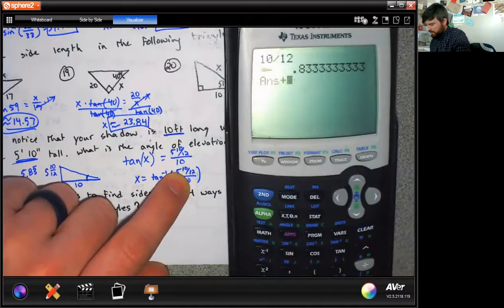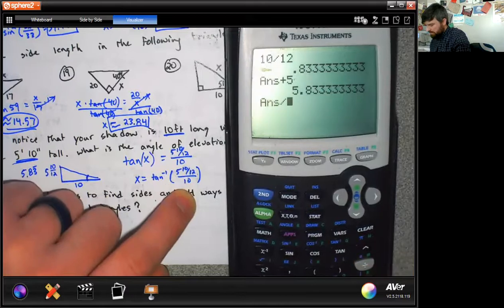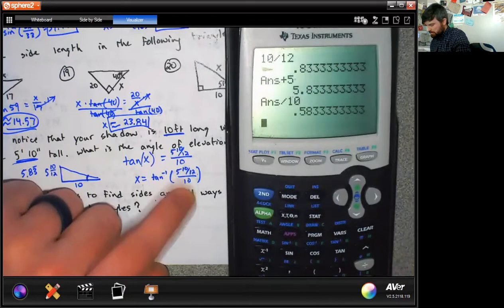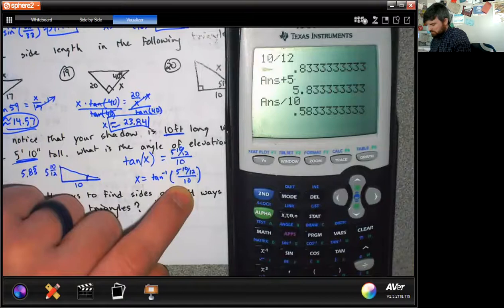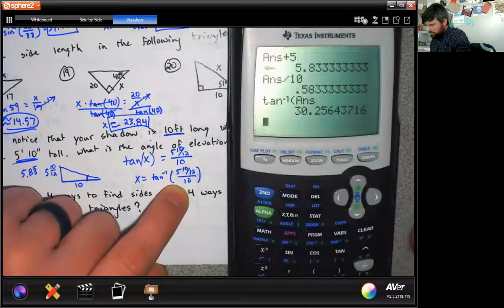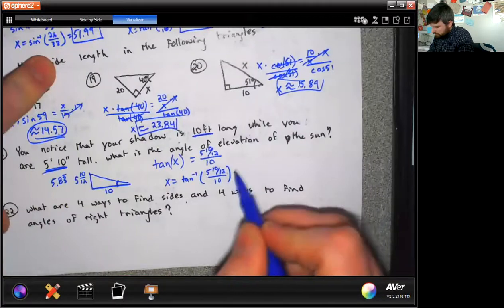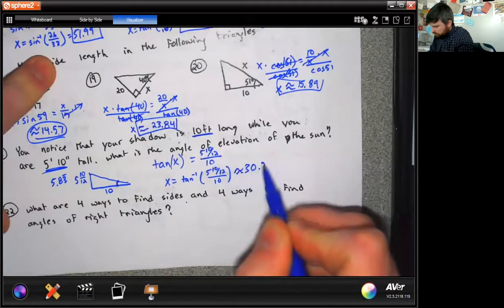So we're going to add 5 to that, because it's 5 and 10 twelfths. Then we're going to divide that by 10, because it's right here. And then we're going to take the inverse tangent of that. So second, inverse tangent, and then we want that answer right there. So you get about 30.26 degrees.